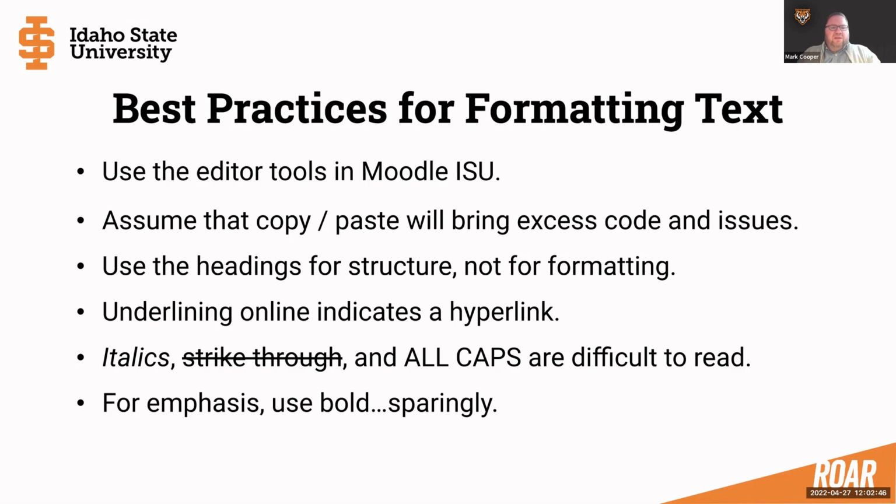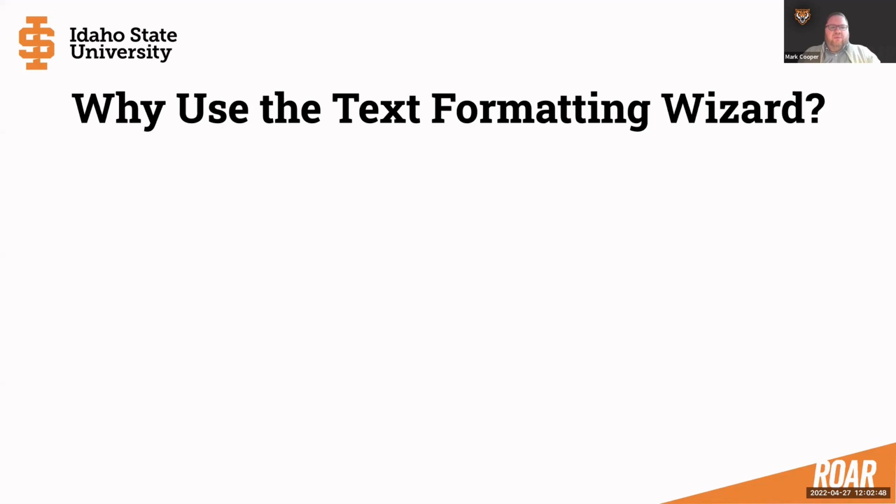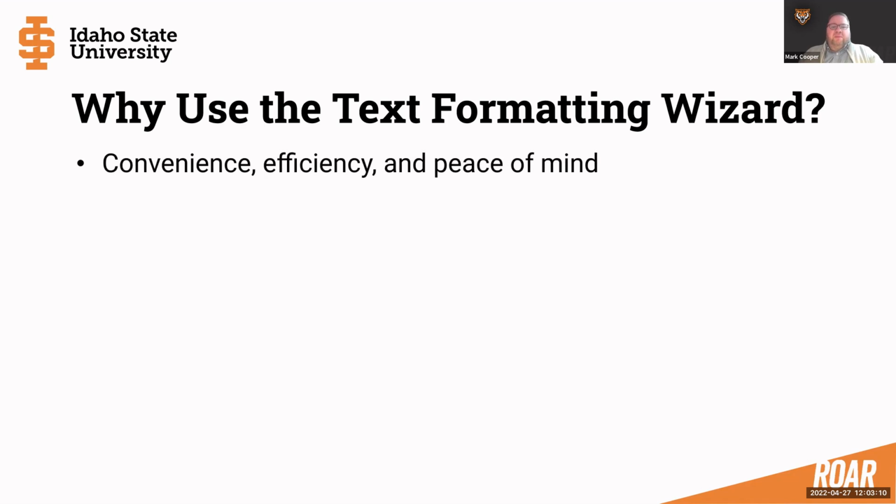Thank you, Lisa. Let's talk a little bit about why you would use the text formatting wizard. And the question is, why would you not use the wizard in the Accessibility Toolkit? Because there's a lot of benefits that I'm going to explain. This toolkit wizard is convenient, it's efficient, and gives you peace of mind.